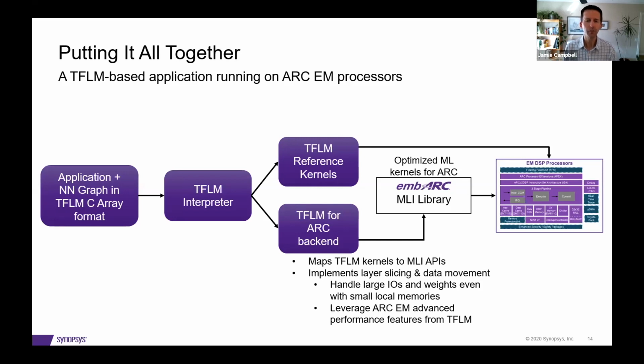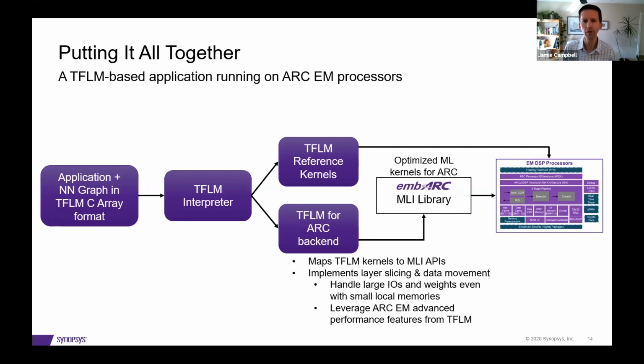But at the same time, you don't necessarily want to have huge local memories on your target. So there's always a balance there about sizing your memory and being able to execute your graph. Now, with these slicing and data movement APIs, we try and help you with that task by basically giving you the ability to not worry so much about how to fit all of your graph pieces into the local memory.